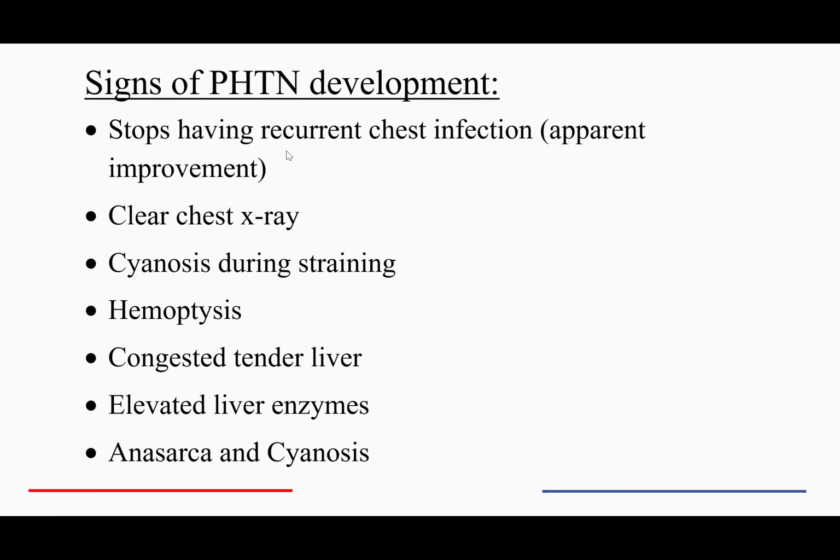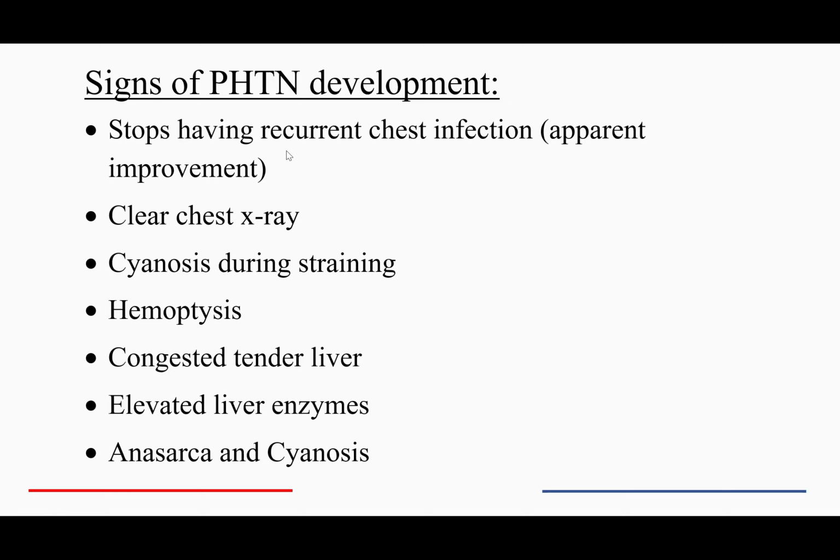The mother, in history, says that the child used to have recurrent chest infections, recurrent hospital admissions, and even ICU admissions, and then she says happily that in the last 3 or 4 months he improved, he got better with less symptoms. Unfortunately, this history is a bad history. It is ominous. It shows that the patient developed pulmonary hypertension.